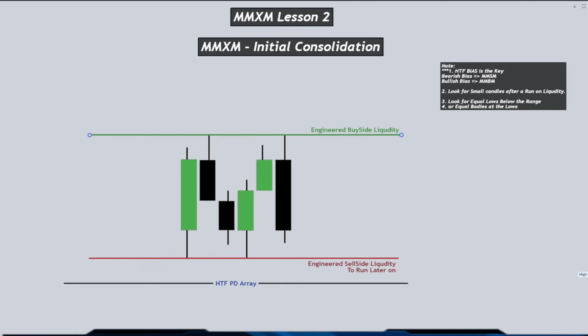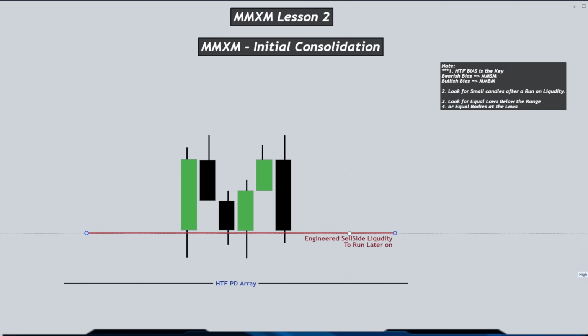Yeah, so on a market maker sell model, you can look for equal lows as the engineered sell side liquidity to run later on, or you can look for equal bodies as your target or as your sell side liquidity to run later on. Both of them have a high density or high amount of liquidity sitting right below those levels.